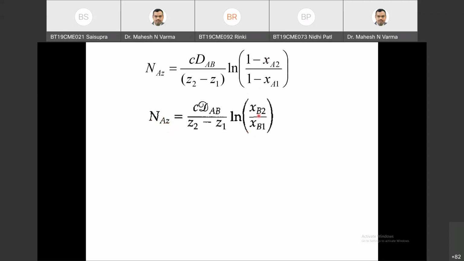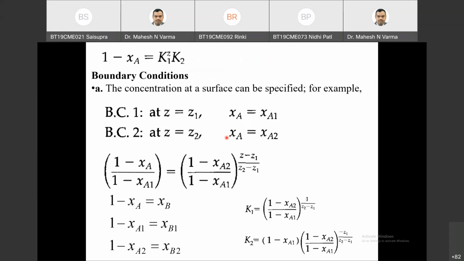This is NAZ in terms of XB, the concentration of B. As the concentration of A decreases while moving from Z1 to Z2, the concentration of B will increase. This is the definition of ln XB2, and these are the boundary conditions we have. With these boundary conditions, we got all this.